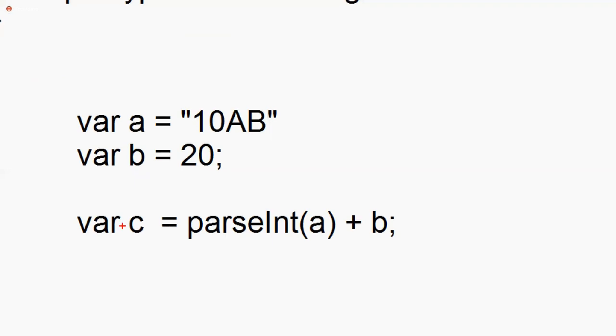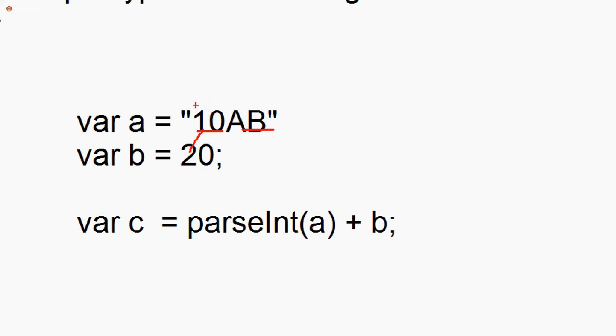Is it valid? Here a number is also there, and a string is also there. If it is valid, what is the result? The result will be 20 plus 10, 30. This is valid, 30. Why?